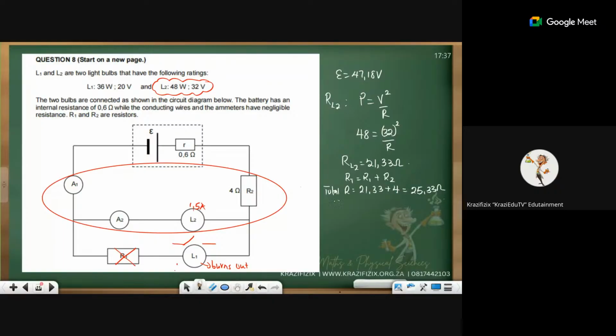Okay, let's calculate the current that we are expecting from the battery now. I equals E over R plus r. What's our E? 47,18. What is our R? 25,33 plus 0,6. It gives 1,8. It's going to blow.